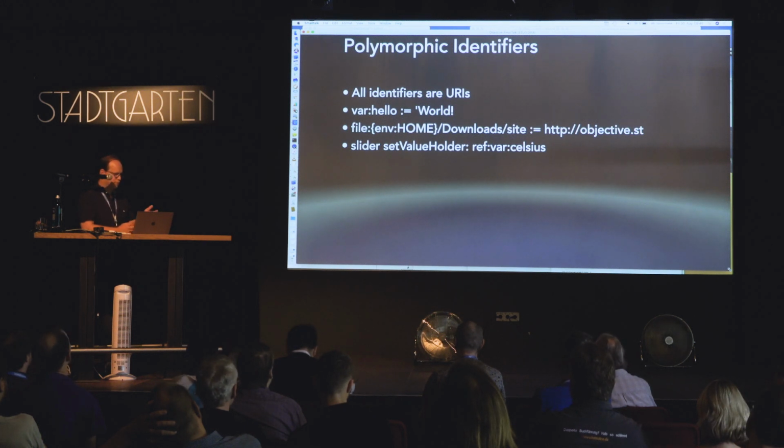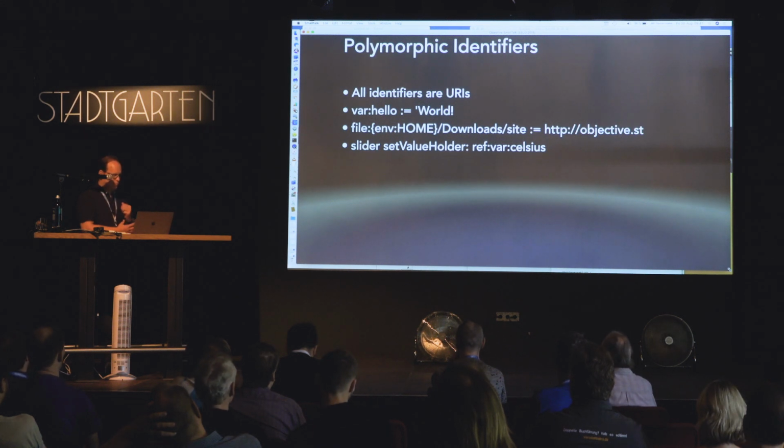For example, I think the first line, var hello, is pretty obvious. The second one maybe needs a little explanation. It says, take the Objective-Smalltalk homepage, HTTP objective.st, and store that into the file site in the download subdirectory of the user's home directory.